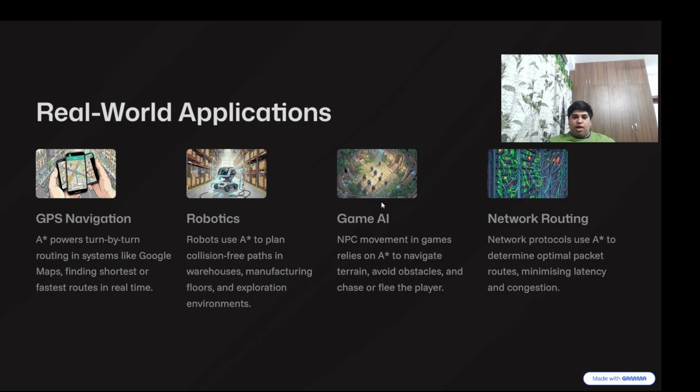It is also popularly used in game AI. NPC movements in games rely on A star search to navigate terrain, avoid obstacles, and chase or flee the player. It is also used in networking and internet protocols, where network protocols use A star to determine optimal packet routes, minimizing latency and congestion.